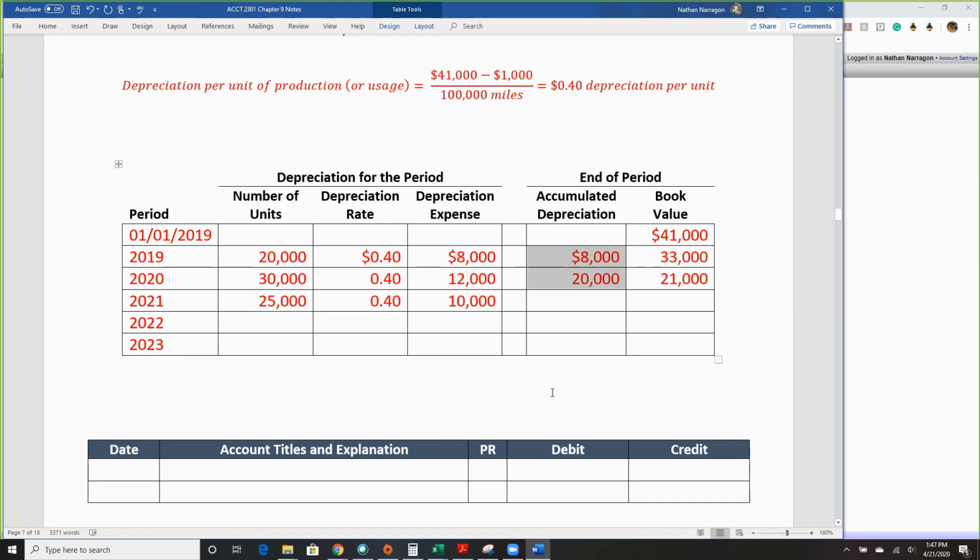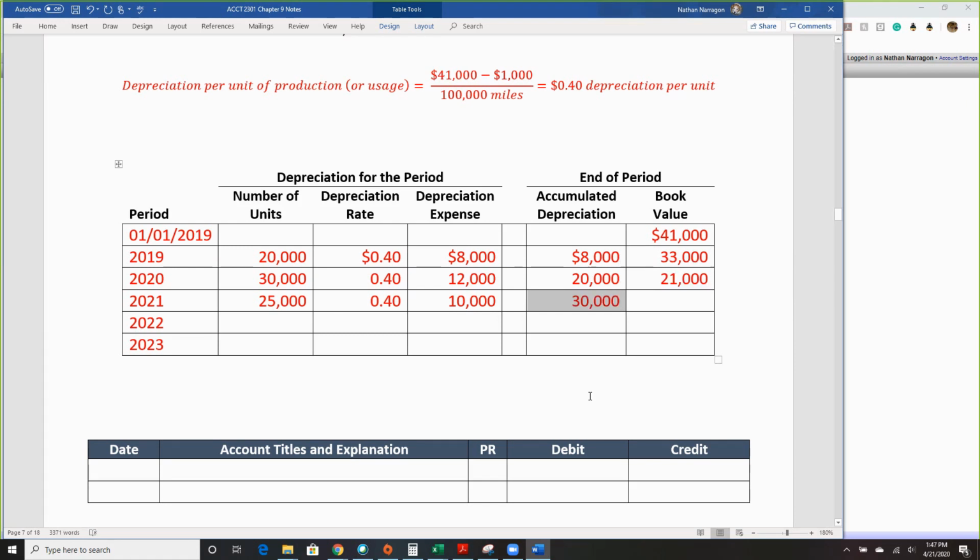It's increasing. So for our depreciation expense, we're going to add. Okay? So prior year was 20,000. What's 20,000 plus 10,000? Yeah. So my balance in accumulated depreciation should be 30,000.